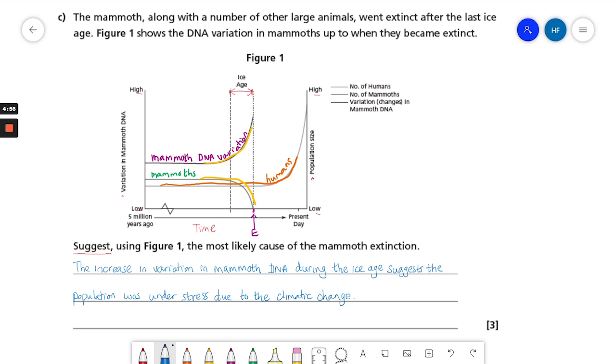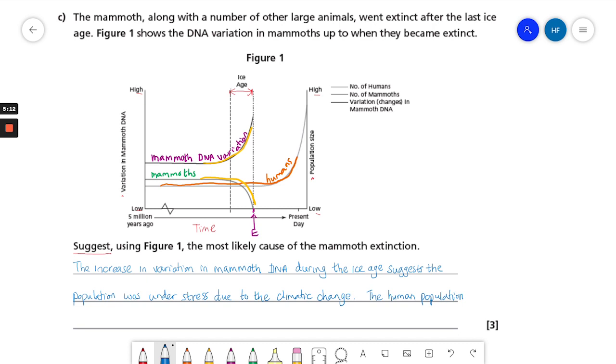And now I need to mention something about the human population, so I'm going to put the human population, so it remained stable, didn't it, until after the extinction happened.